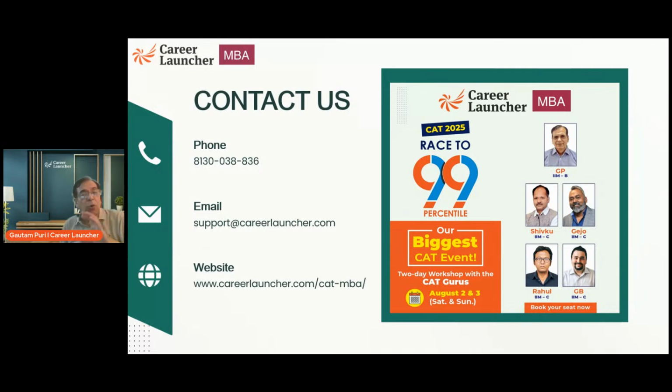So half a day for quant revision like this and half a day for DILR revision. Similarly, these Jugaad sets are sets you should be revising. There are other sets also which you should be revising on a regular basis because they are a bit confusing. You are able to do them, but they take you time. So start revising, Harsh, and you will find your speed will go up. It will take you about 3 to 4 weeks, but your speed and accuracy, both of them will go up.